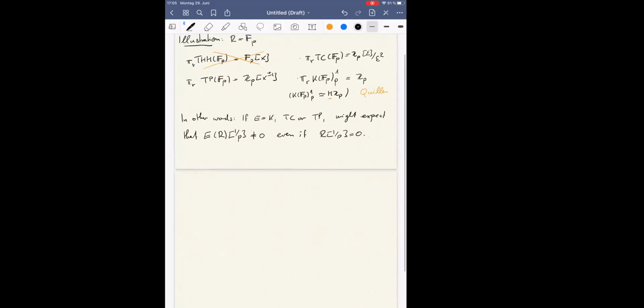Okay. And the point now I want to make is that in chromatic homotopy theory, inverting P is just the first, or we might say 0th step of a whole hierarchy of things one might do.